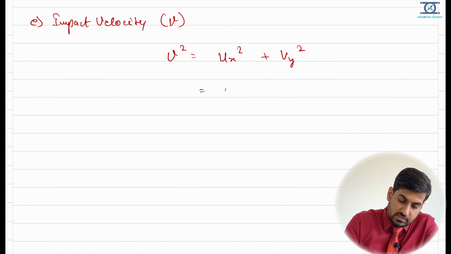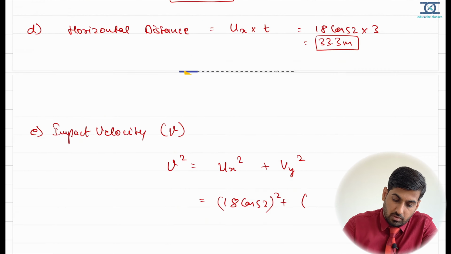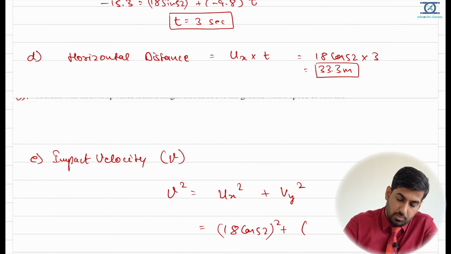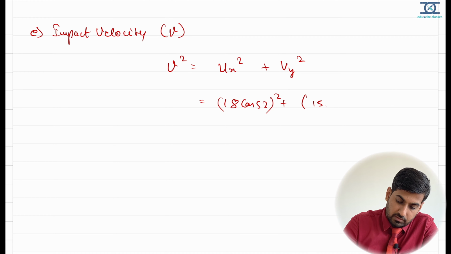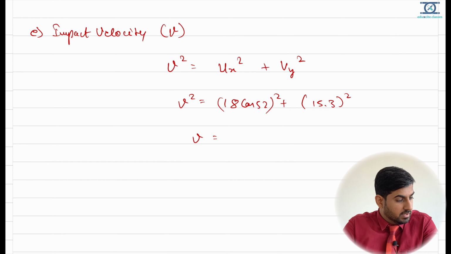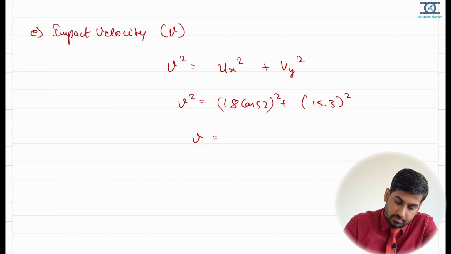So ux is 18 cos 52 square plus vy, which we have already found in B part, which is 15.3 square, is equal to v square. When you solve for v, I have already done the calculation, it is something around 18.9 meter per second.